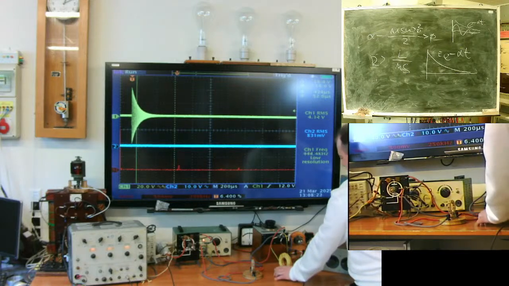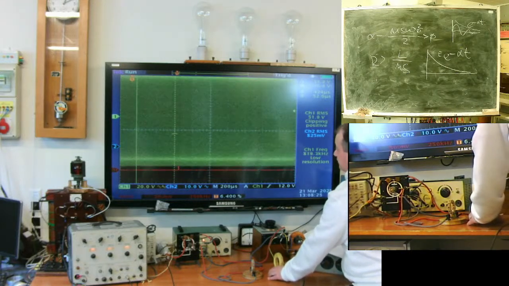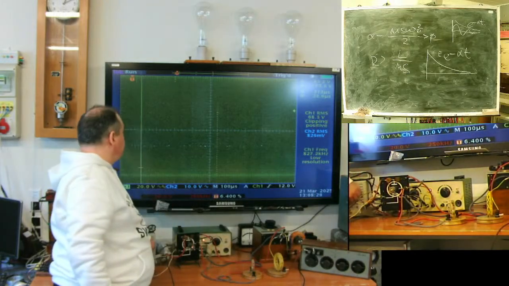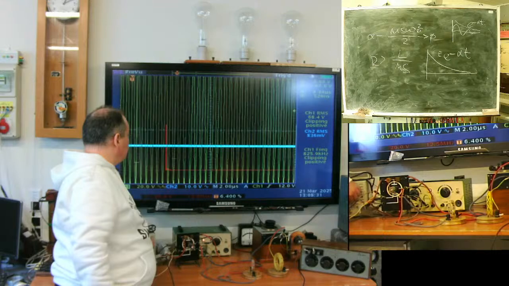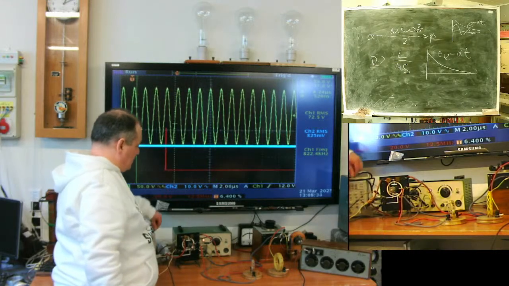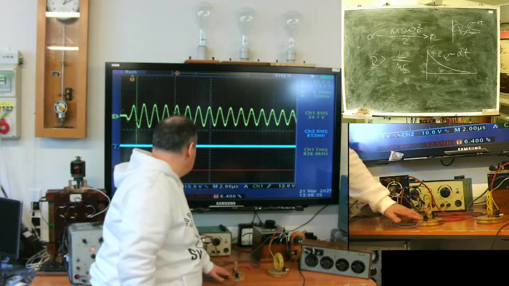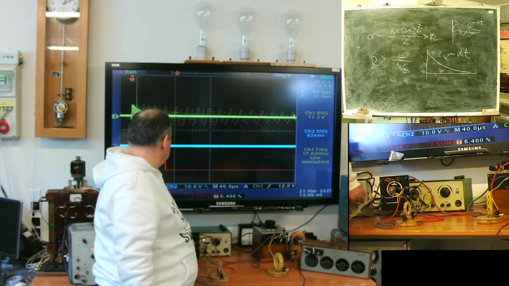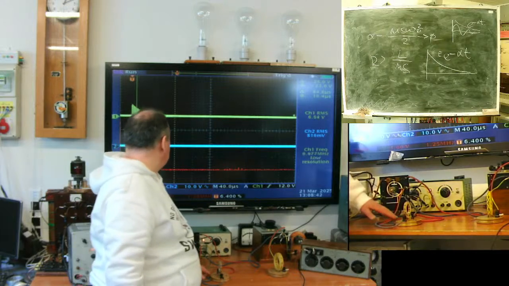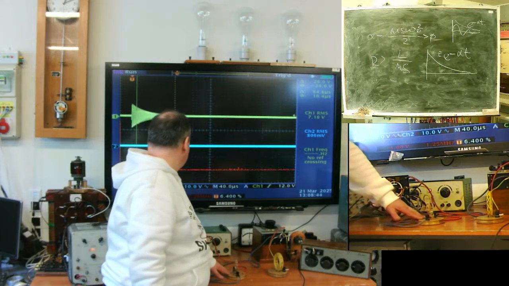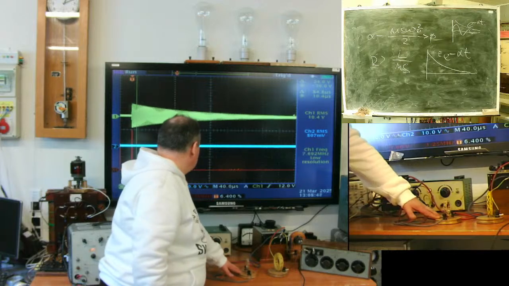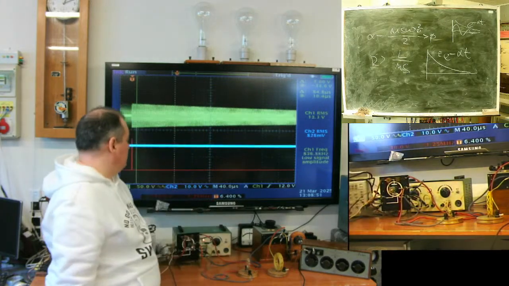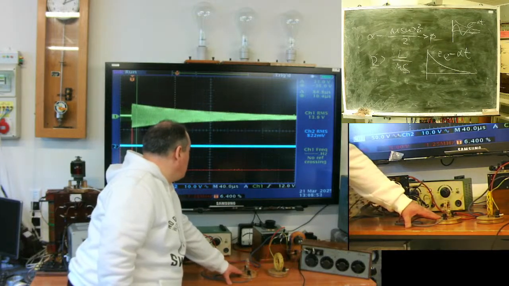Oops. I shifted the coil. Stable, less stable, less stable. Here, a bit more.